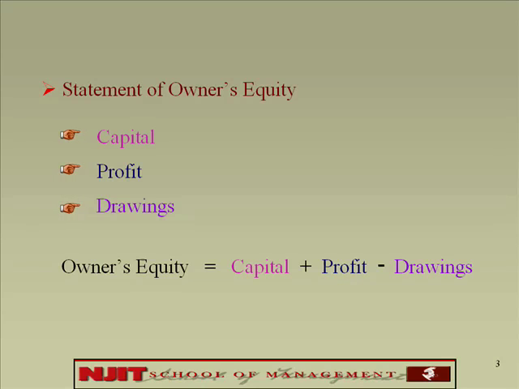Once we do the statement of owner's equity, the third type of report is called, I'm sure you know it, balance sheet. The balance sheet shows assets, it shows liabilities, and it also shows something else, owner's equity or equity.